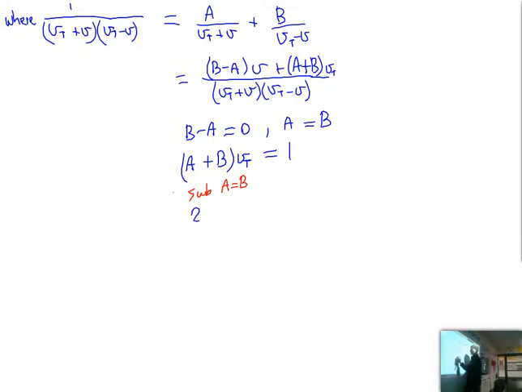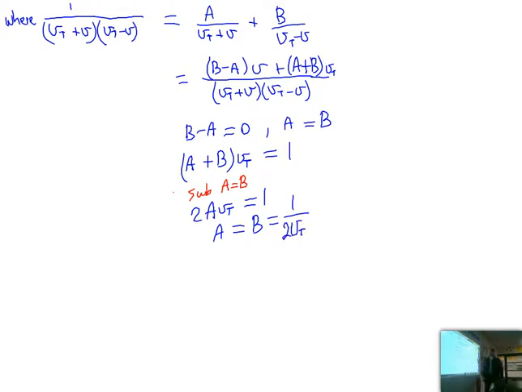So we can get 2a times terminal velocity is equal to 1, and so a is equal to b is equal to 1 over 2 times terminal velocity. Okay, by solving for a, we divide by 2 and divide by terminal velocity. A and b are the same, so we can conclude both have this value. Okay?